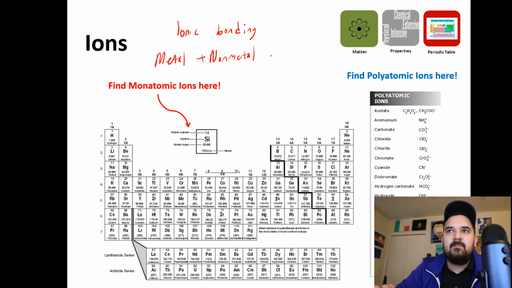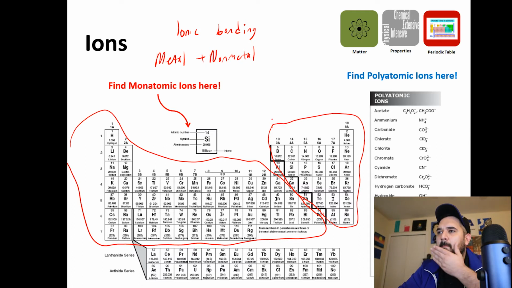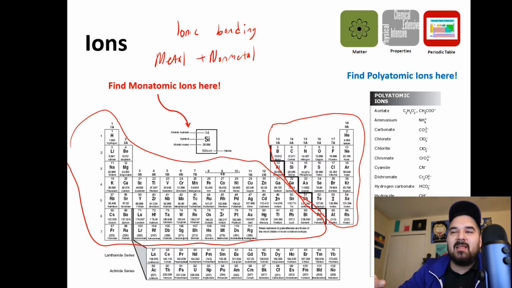So here are the metals. These are everything that qualifies as a metal. And then here are the nonmetals. These are everything that qualifies as a nonmetal. So for an ionic bond to take place, you need a metal bonded with a nonmetal, and that's how you get an ionic bond. And I told you guys we'd talk about polyatomic ions later.